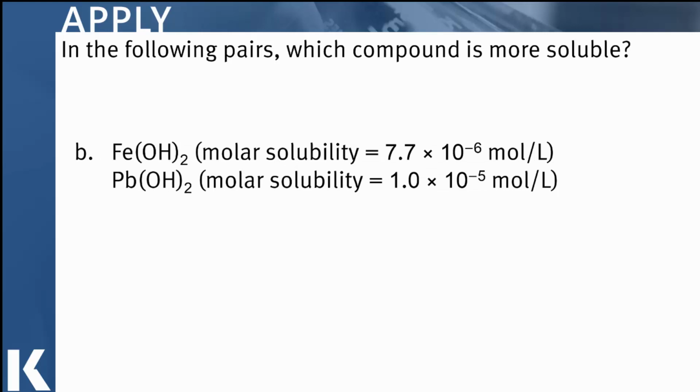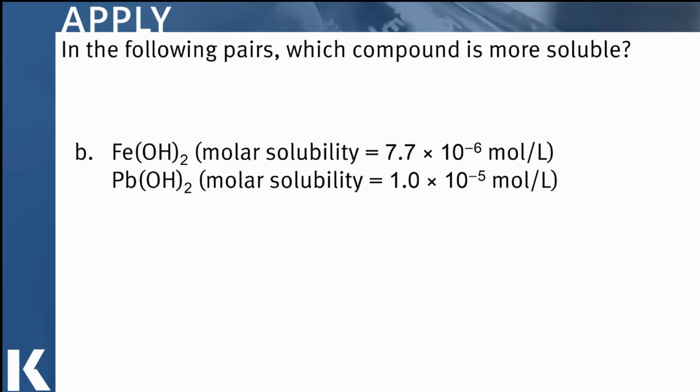Let's look at another. Here we have 2 hydroxide compounds. We have an iron hydroxide and a lead hydroxide. Now, the interesting thing about these compounds, of course, is that hydroxides often are very soluble. For example, sodium hydroxide. I'm sure you're all familiar with sodium hydroxide, a very strong base. It completely dissolves in water.